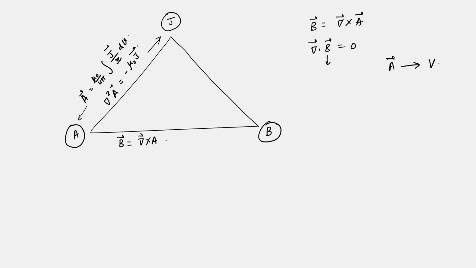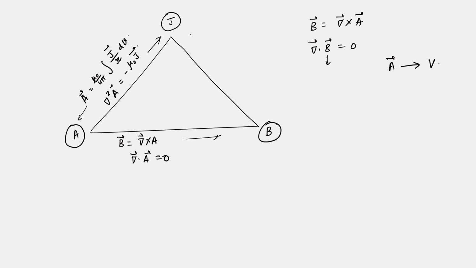Okay. So, if you know A, then you can get B, subject to the condition on the divergence of A, which is called a gauge condition, and we can always choose a gauge condition such that the divergence of A is equal to 0.